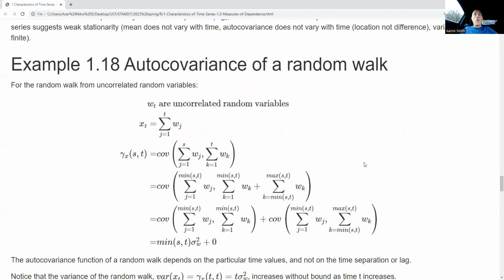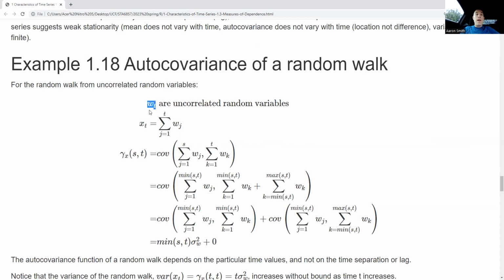Now let's look at the autocovariance of a random walk. Here we're going to take a bunch of uncorrelated random variables, so we'll say that we have 0 covariance. And I'm going to make a random walk by adding up the first few observations of the random variable.